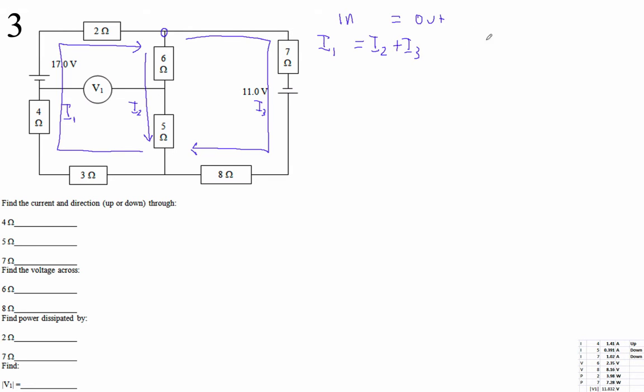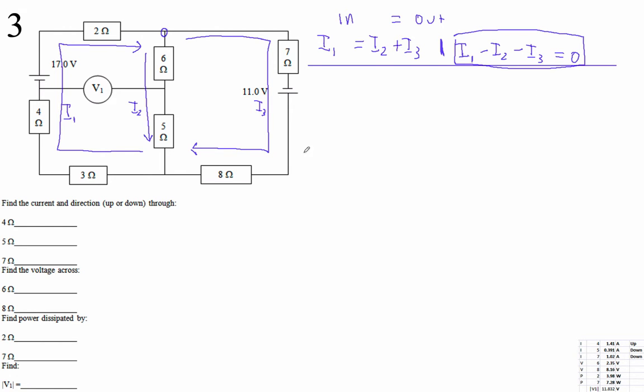If I write this in matrixable form, it looks like this: I1 minus I2 minus I3 is 0. And now I'm done with that one. I've got the 1 in the left column, 2 in the next column, 3 in the next column. I put the constants over here.